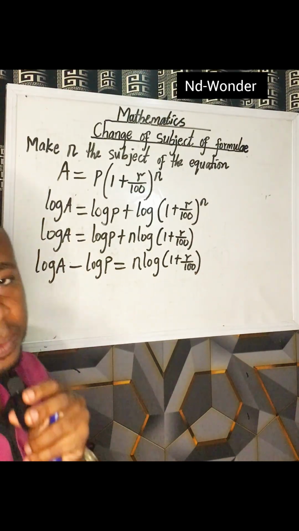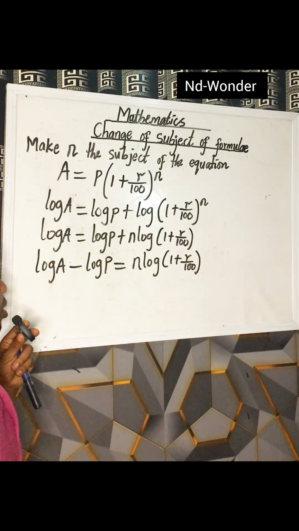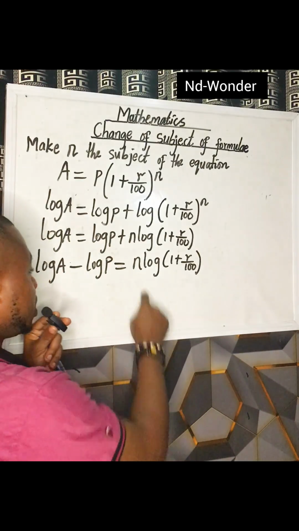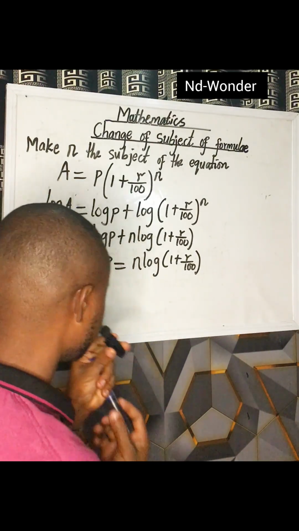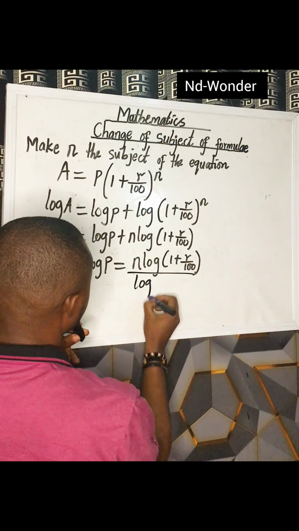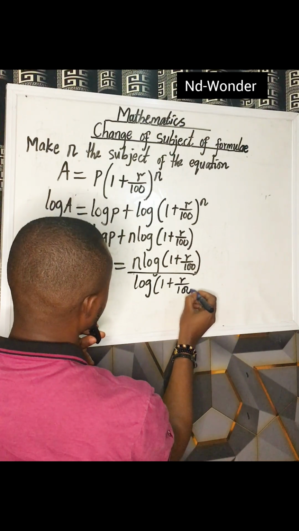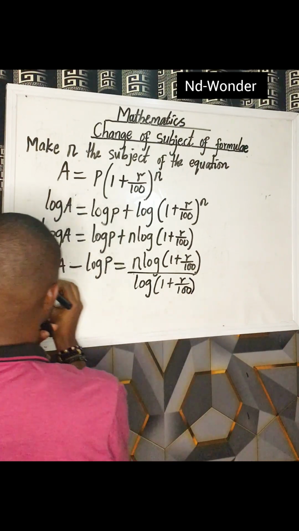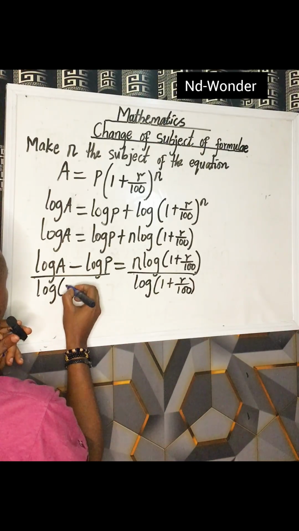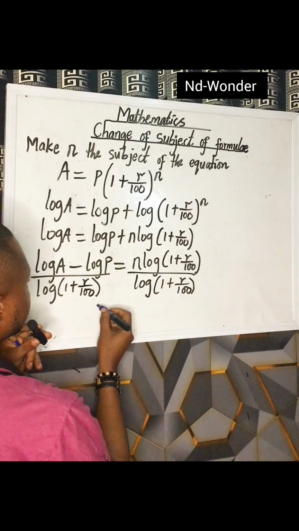So if this is properly set up, all I need to do is to divide both sides by log 1 plus r over 100 in order to make n the subject of this equation. This becomes over log 1 plus r over 100 over log 1 plus r over 100.